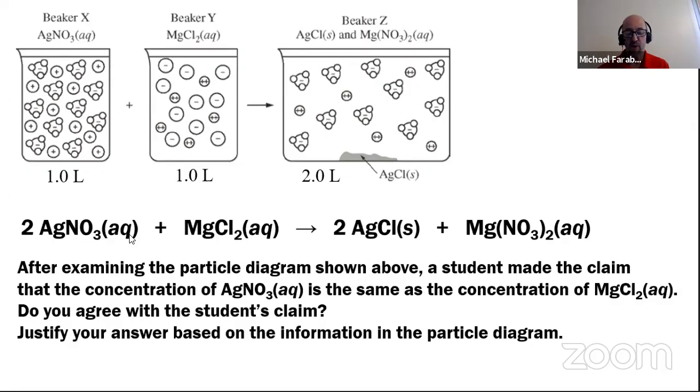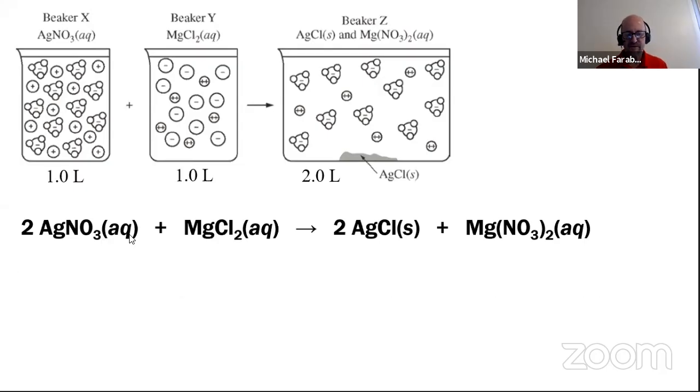This would be a good time to pause the video and see if you agree with the claim before you press play and reveal the answer that I'm about to tell you. Okay, well, if you look closely at the diagram and we start counting the positive ions here, this is silver.